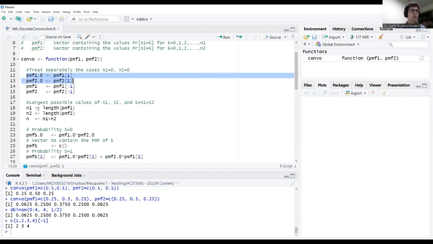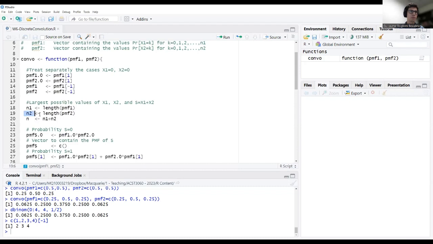And then, a few more things before I implement the convolution formula. This is just finding the largest possible value of x1. Now that PMF1, remember, is a vector with probability x is 1, probability x is 2, probability x is 3, up to probability x is n1, the length of the vector gives me n1, the largest possible value that x1 can take.